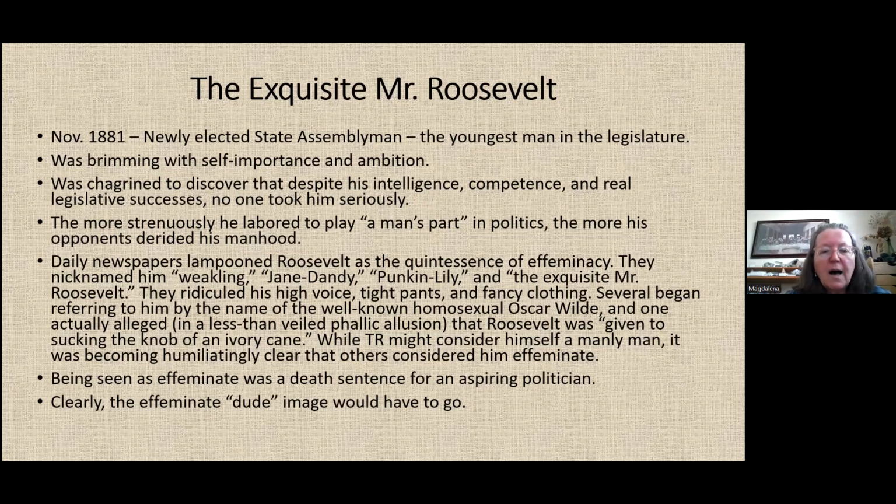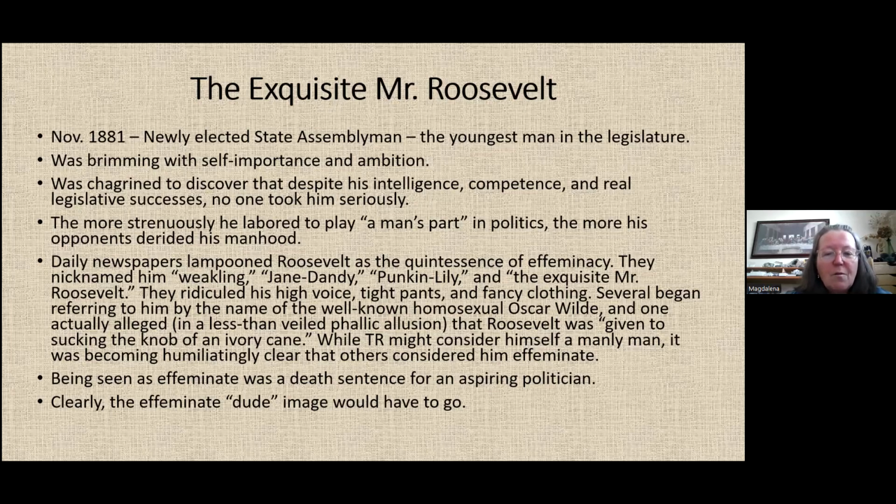They ridiculed his high voice, tight pants, and fancy clothing. Several began referring to him by the name of the well-known homosexual Oscar Wilde, and one actually alleged, in a less than veiled phallic allusion, that Roosevelt was given to sucking the knob of an ivory cane.